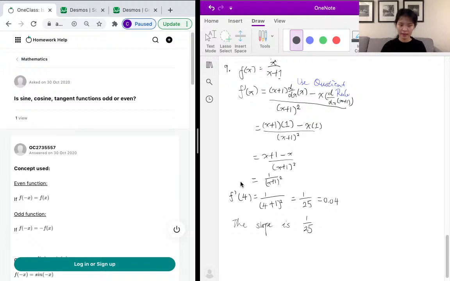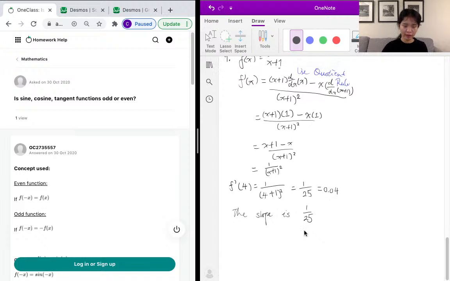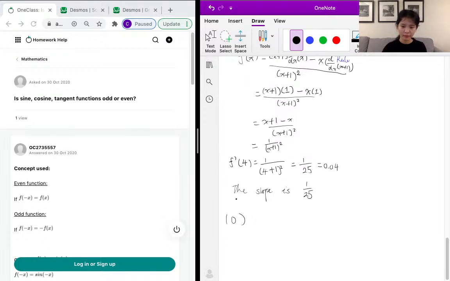Okay, so next up, it asks us whether the sine, cosine, and tangent functions are odd or even. So you could have preliminary knowledge, and you can just say that I think the sine function is odd, the cosine function is even, which makes the tangent function odd.